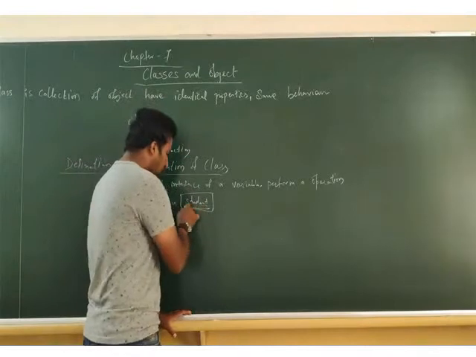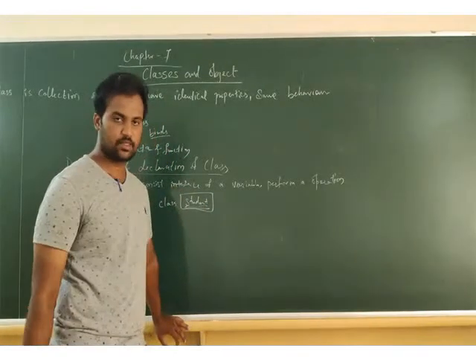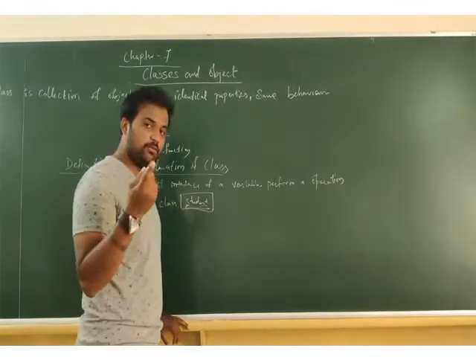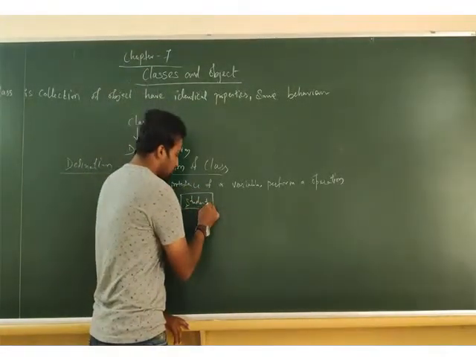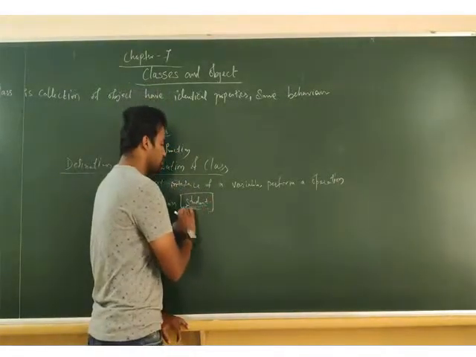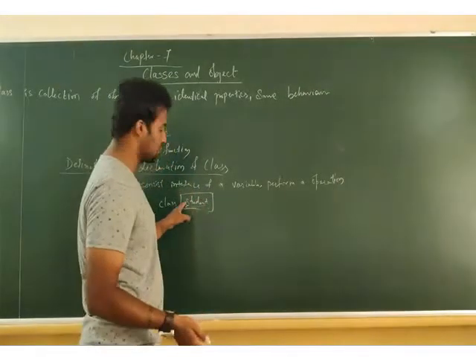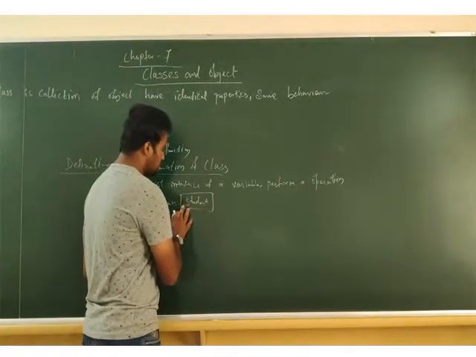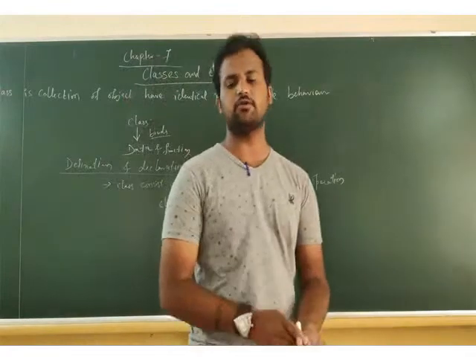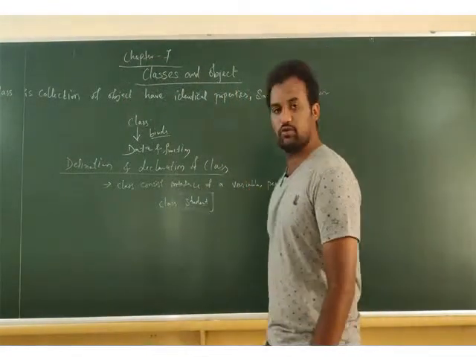It does not have any blank space, right? And whenever we want to give a blank space, we can use only one special character, that is underscore. It should not start with a number. So these are the rules of a variable, and the same rules we have to follow for a class.